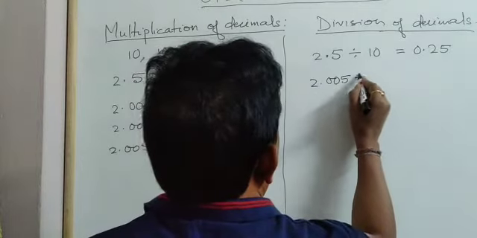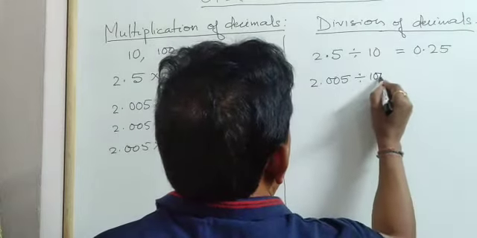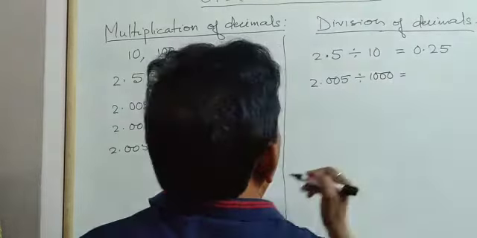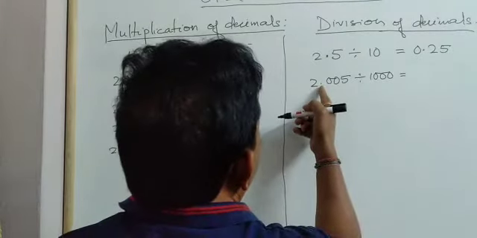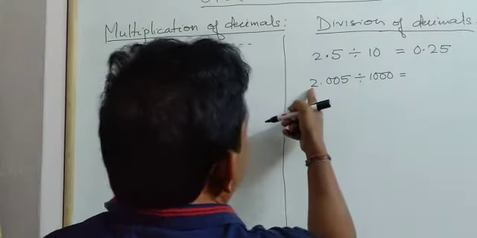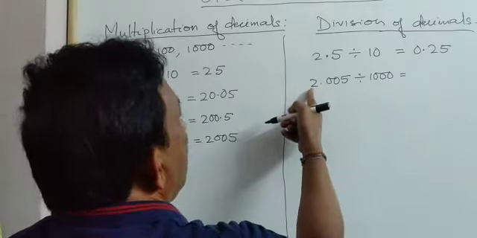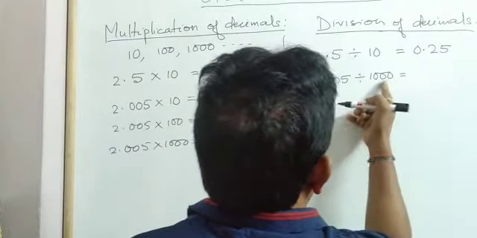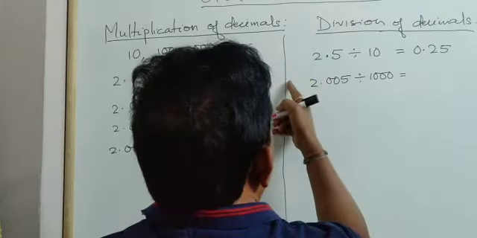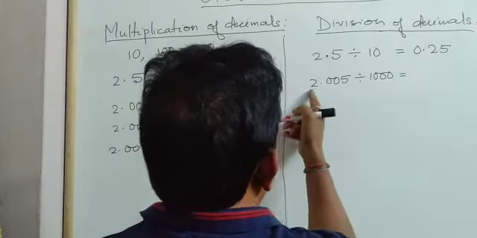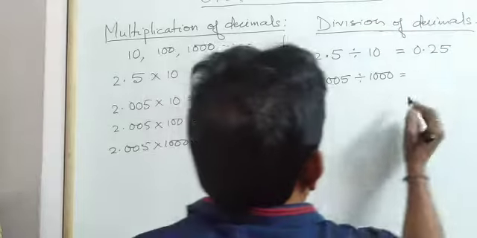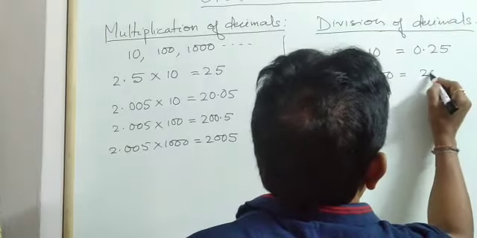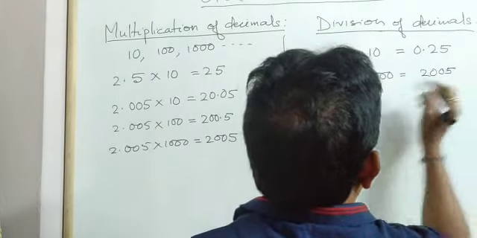Now if I do it like this, 2.005 divided by, suppose, 1000. Now the decimal is here, there is one digit only. So the decimal will move 3 steps towards the left, but here you see there is only one digit. So I write it like this, 2005, the number.